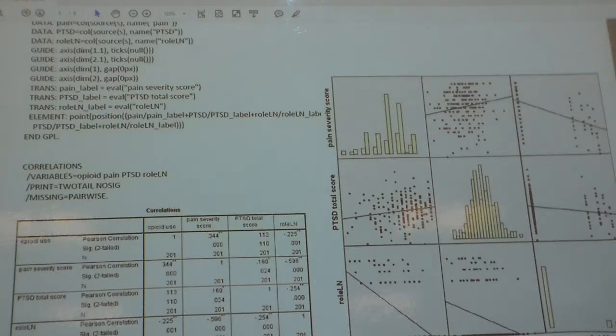So we would start to note there's evidence of heteroscedasticity here. Now, this graph doesn't suggest it's big enough to invalidate our analyses, but it's certainly looking like as role functioning increases, people's level of PTSD is decreasing.